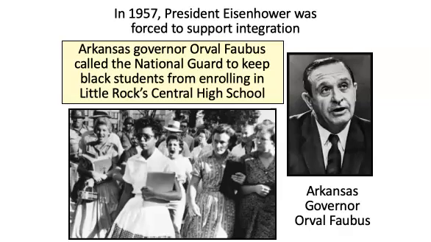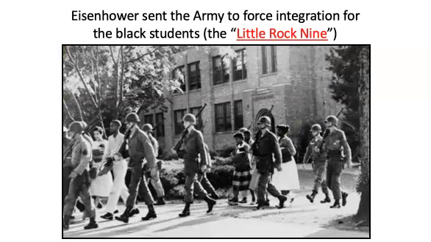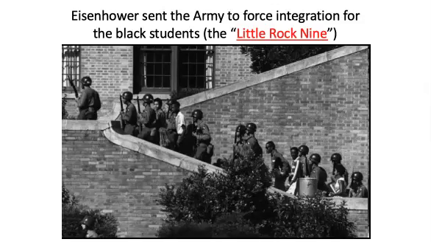And so Eisenhower sends in the army to force the integration of the black students in the Little Rock 9. And not only does he send in the army, but he sends in one of the most decorated military units in the entire U.S. arsenal. That's the 101st Airborne Division. He sends them to Little Rock to walk the kids not only to school, but to class.